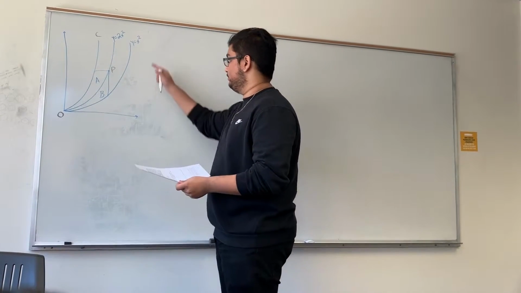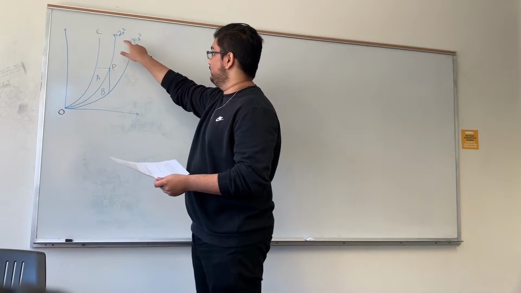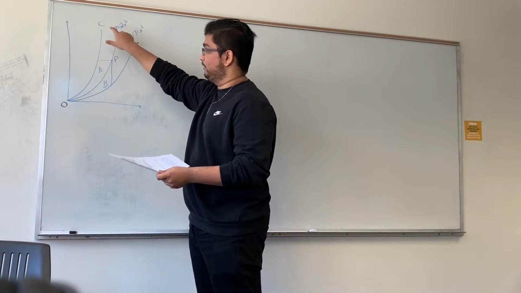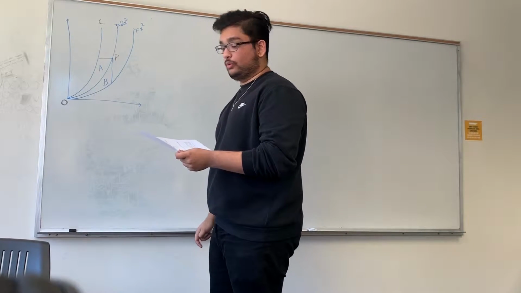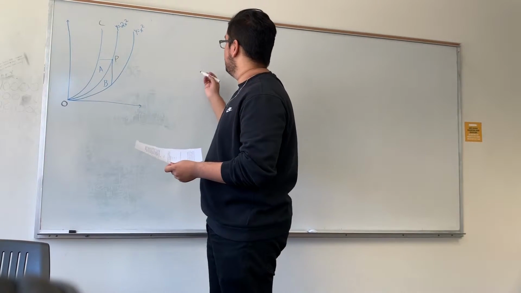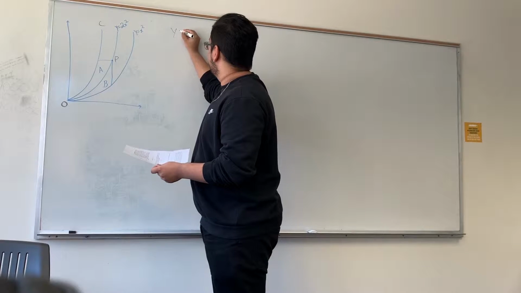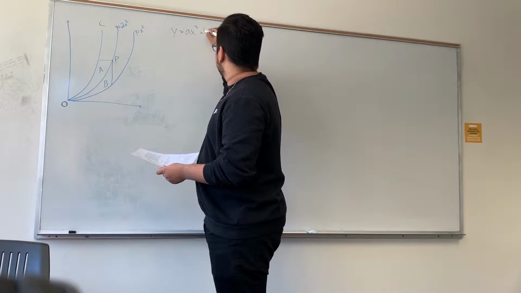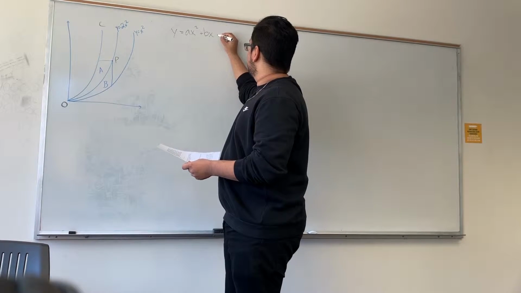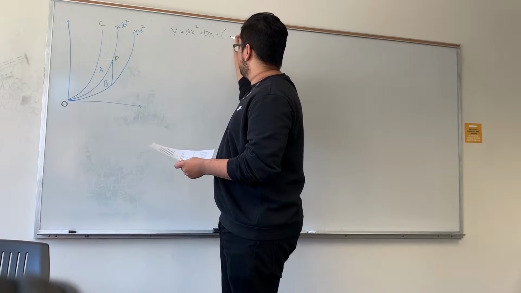Okay, so looking at this problem, we have the equation for these two curves, but we don't have it for C. And the question tells us that the curve C is a quadratic function, so we could just say y equals ax squared plus bx plus c.